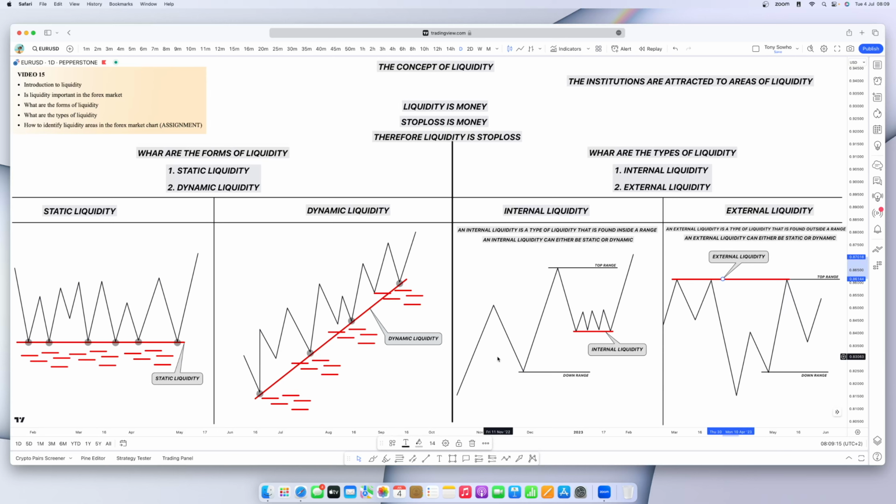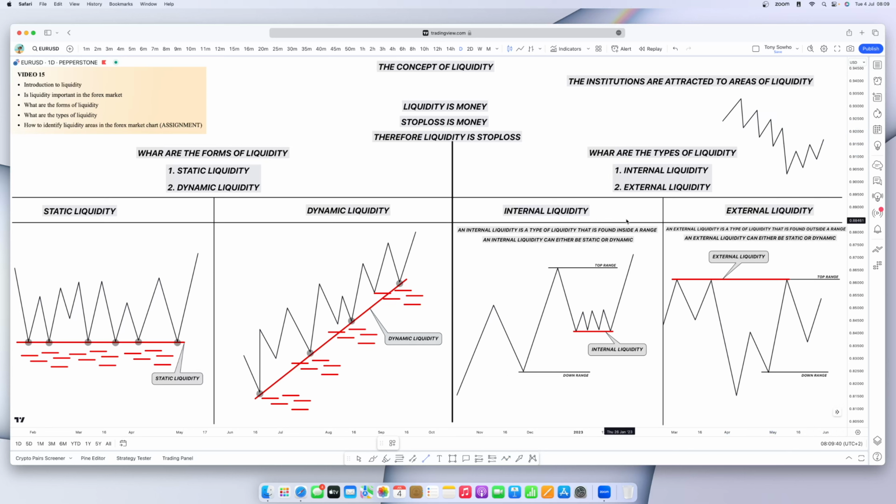But then we can also have a dynamic external liquidity. Let me just give you a rough sketch of what that can be. Maybe price does something like this, and price is selling down, and then price comes here, and then price starts to give us a higher low, higher high, higher low, and higher high.